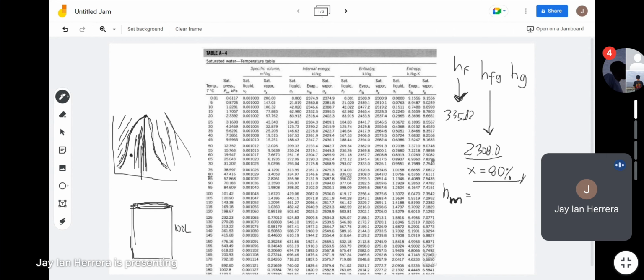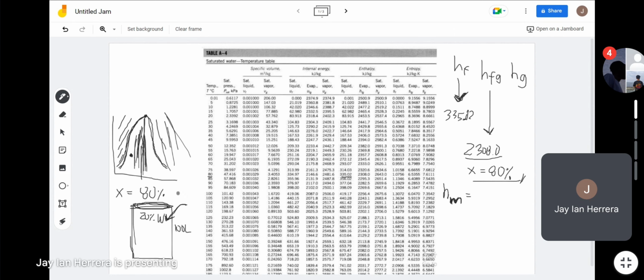So let's say for example, sabing meron tayong vapor's quality is 80%. So yung vapor natin under this kasirola or boiler is 80% na steam or 80% na vapor, 20% na water.